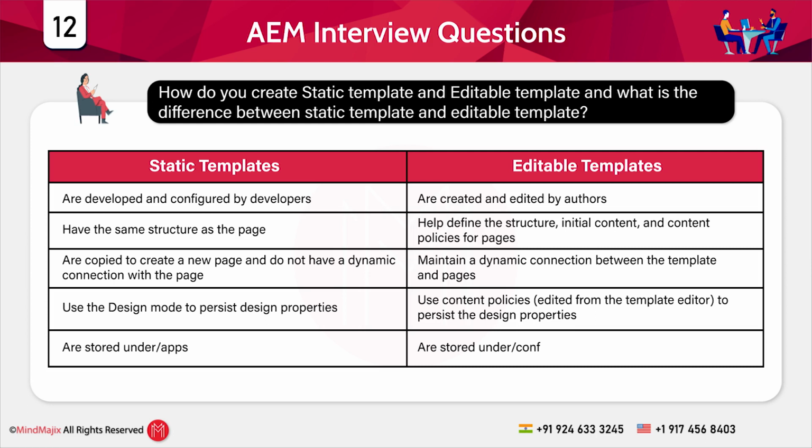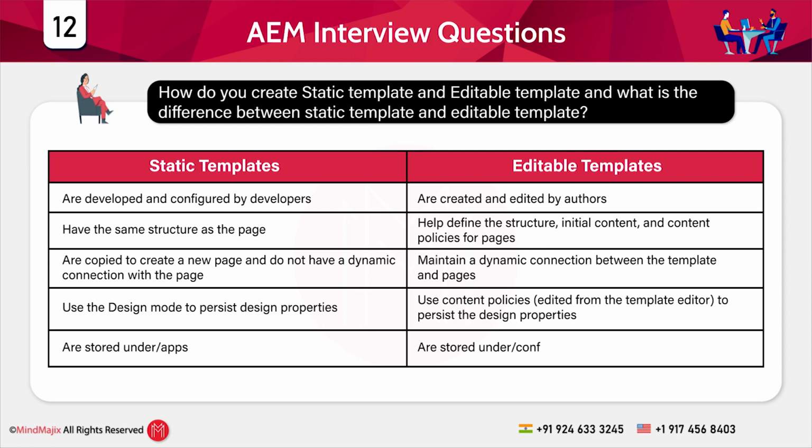page. Once you create that editable template, by default we will have two editable templates. If you go and see in the templates folder, there is the HTML5 page and some adaptive form template. So when you create your own editable template, it comes and joins in your templates folder, and you can select that template and create a page from there. So that is about the editable template.